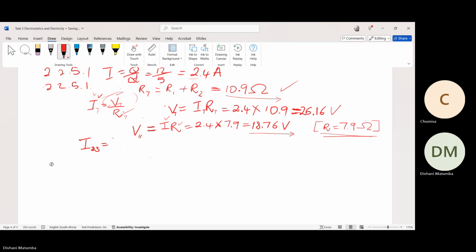I is equal to voltage divided by resistance. Now, what will be the voltage at 23 ohms? It is 18.76 divided by the resistance, which is 23.